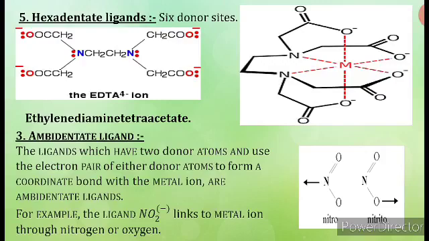The donor atom of nitrite is nitrogen, then the group is named as nitro. And if it combines with the central metal atom through oxygen, then the name of the same group is changed, it is nitrito.